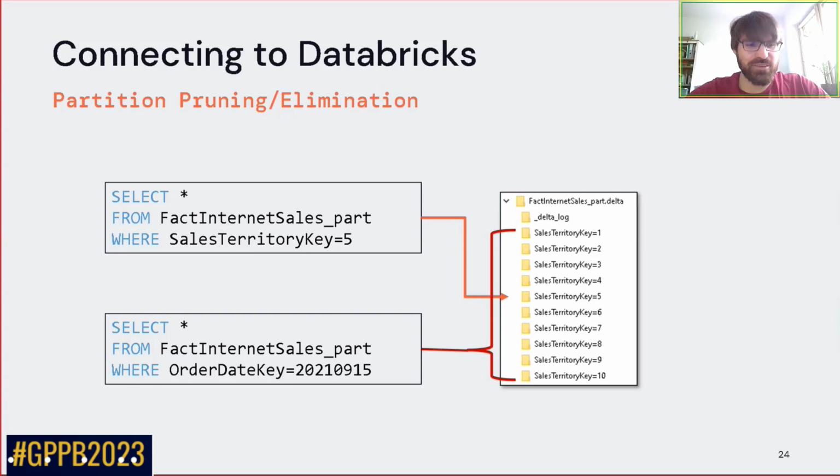So let's say you have one table and you query by the sales territory key, which is also the column that the table is partitioned by. It's very easy for the engine to retrieve all the data that needs to be accessed to answer the query, because it can just go into the sales territory key equals 5 folder and take all the data and parquet files from there. All the other ones, it already knows upfront that they are not relevant for the query.